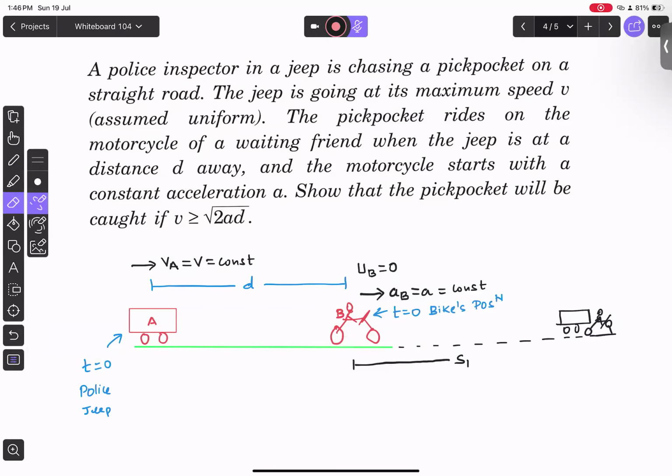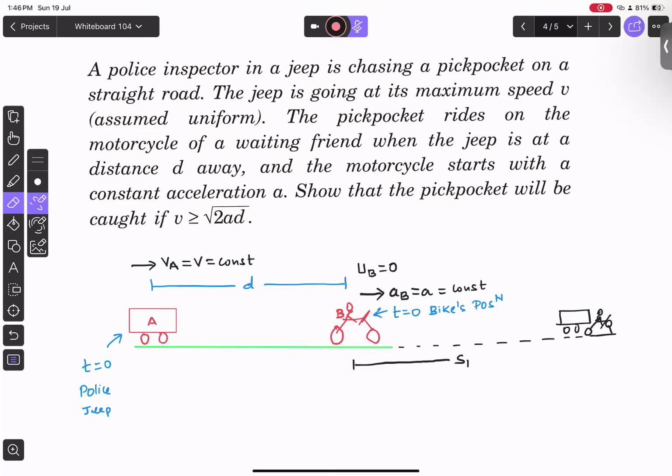Should we assume that he will be definitely caught first and then solve for V greater than that? Yes, correct. So what is the condition under which he will be caught? We will see what happens when he is caught.